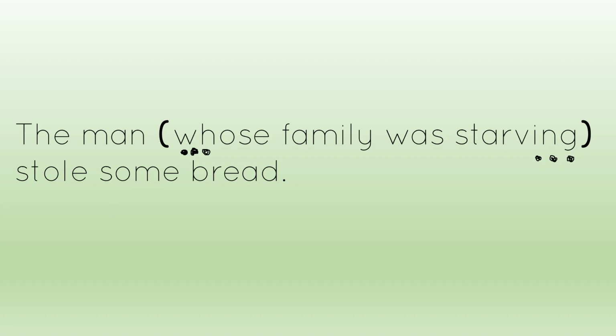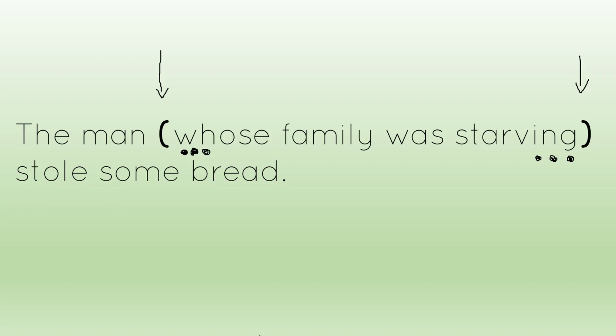Now, we don't use train blocks in sentences, but we can use other elements of punctuation, like brackets. The first bracket is here. The second bracket is over here. So it's one way of adding in the extra layers of meaning. So the man whose family was starving stole some bread. The parenthesis is everything in between those brackets.